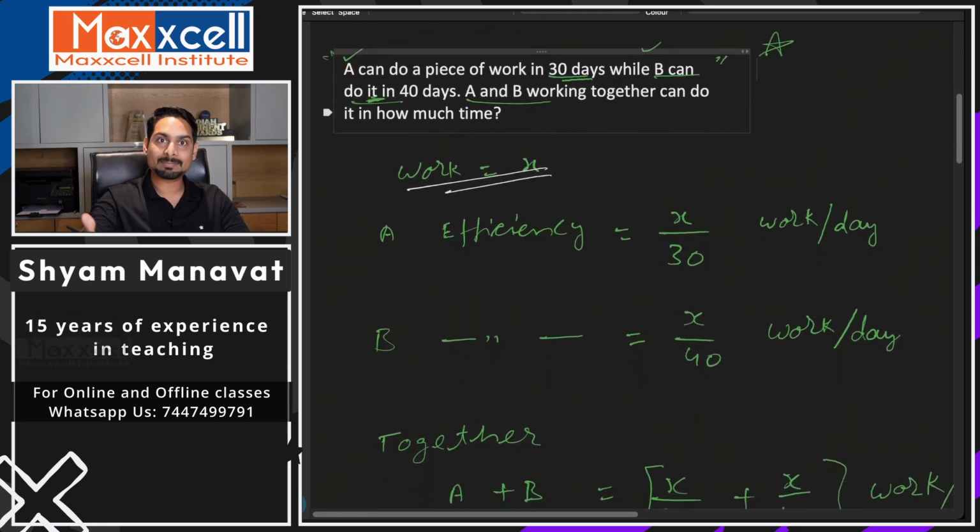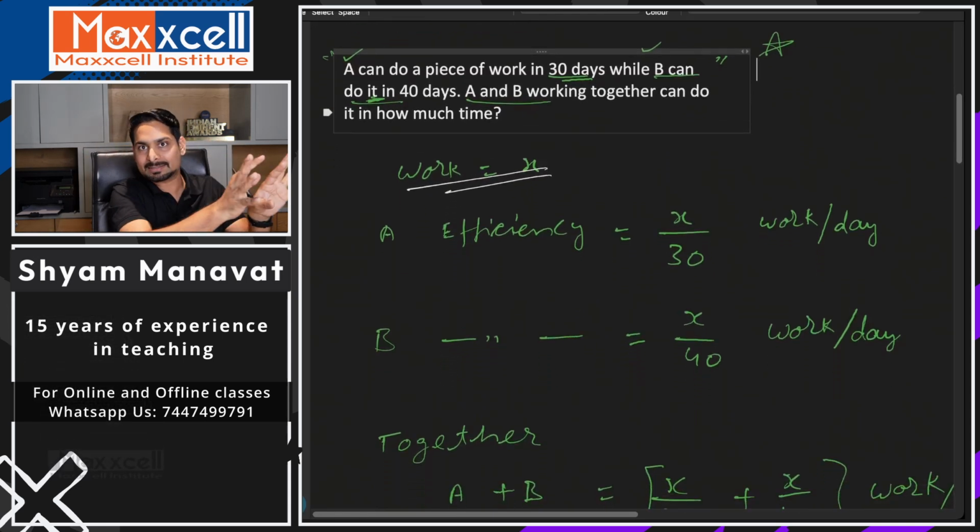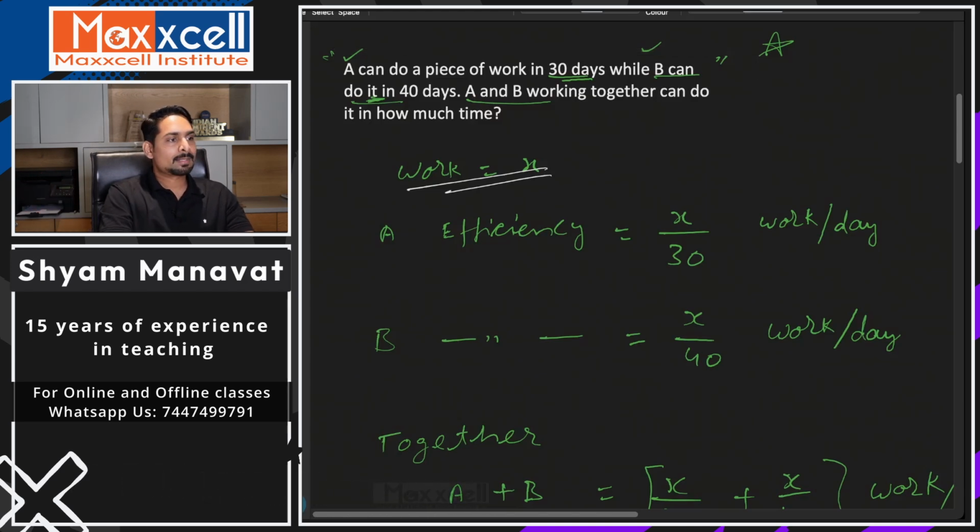When you define the type, it will become easy for you to remember the method, that okay, this is the type of question, this is the method I should follow, right? First, our job is to find the efficiency of whoever is given in the question. If it is A, B, C, D, whoever is given, we will find the efficiency of all of them.